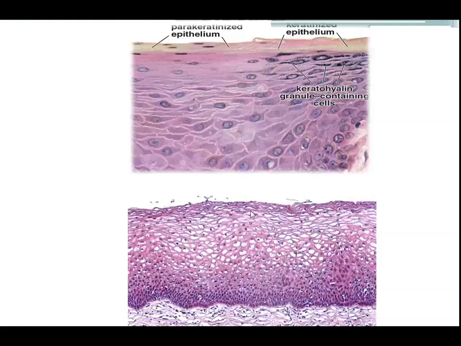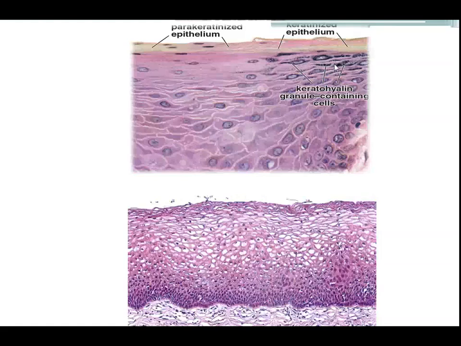It means that this is non-keratinized epithelium that covers most of the oral cavity. Also, it will cover the esophagus and the pharynx. Now let's look at the parakeratinized epithelium. In parakeratinized epithelium, in the surface layer, some of the cells include nuclei, but most of them do not include nuclei, so they are dead cells.